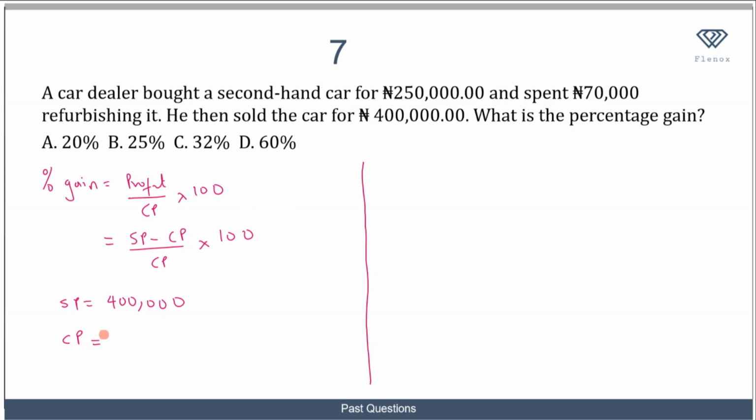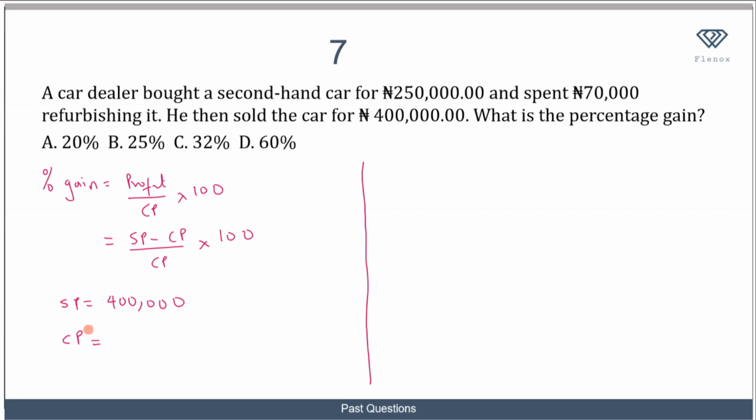Now what is the cost price in this question? We are told that he bought the car for 250,000 naira. That is the amount he bought it for. But also, before he sold the car, he spent an additional 70,000 naira to refurbish it. So it's just as if he bought the car and refurbished it, and the amount of money he used to refurbish the car is added to the cost of the car.